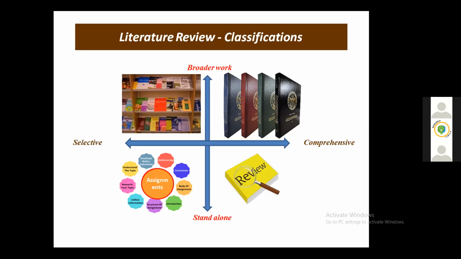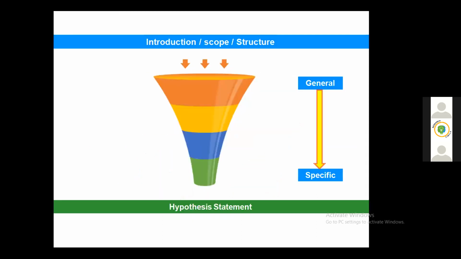So these four examples identify the different types of literature review included in this slide. The main classification is comprehensive or selective, broader or standalone, and 2 by 2 gives four options.